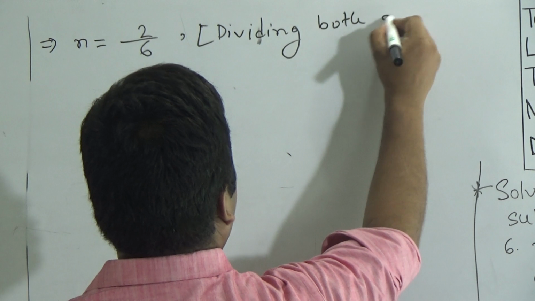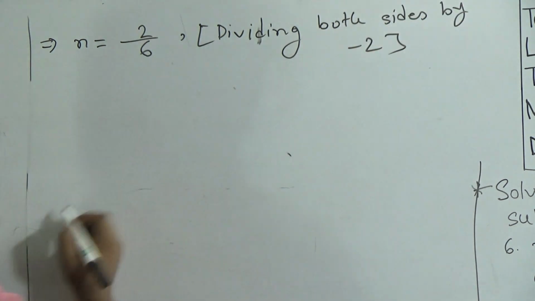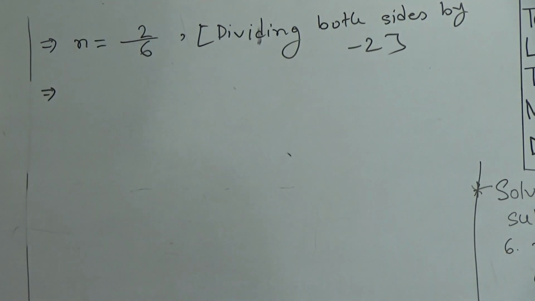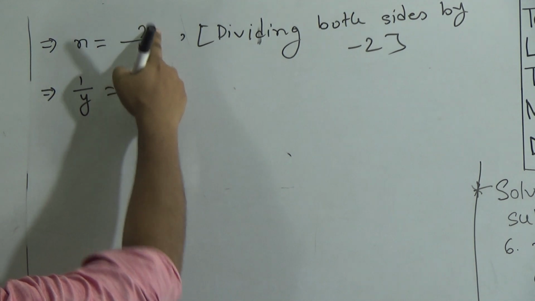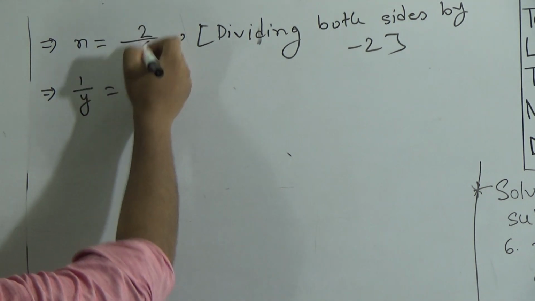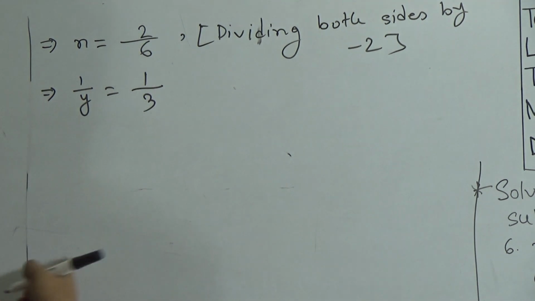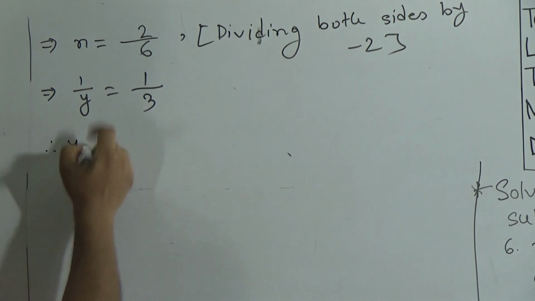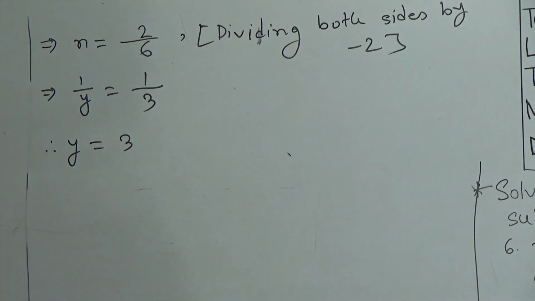Okay, then what is the value of n? The value is 1 by y. So write 1 by y, and convert it to its lowest terms: 2 ones are 2 and 2 threes are 6. So now we apply the cross multiplication method. y multiplied by 1 gives y, 3 ones are 3. Okay, so the value of y is 3.